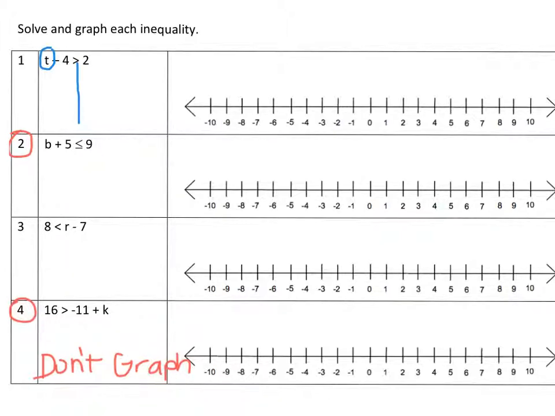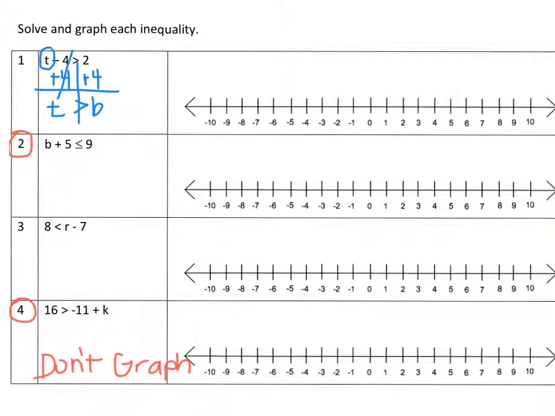Well, what's the opposite of minus 4? It's adding 4. So I'm going to add 4 to both sides. The -4 and the 4 cancel. So I have t, copy down the inequality sign, and then 2 plus 4 is 6. So now I'm going to go ahead and graph this.